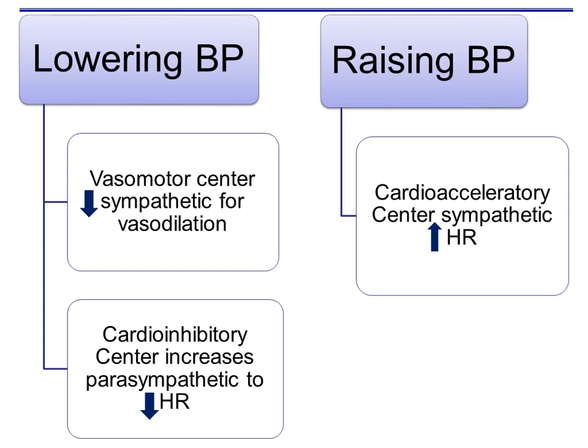And then once you master that, you just flip it around. So if for whatever reason I forgot to drink water today and my volume and my pressure are too low, then I pretty much am going to do the opposite. I'm going to increase heart rate with my cardioacceleratory center on sympathetic neurons. So I'm going to increase heart rate. That means I'll increase cardiac output.